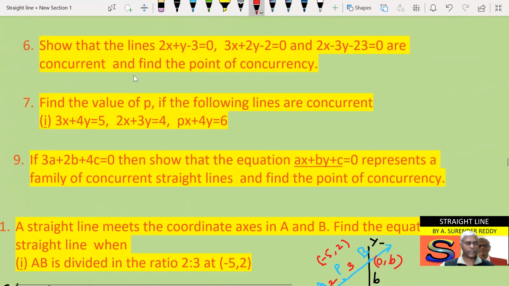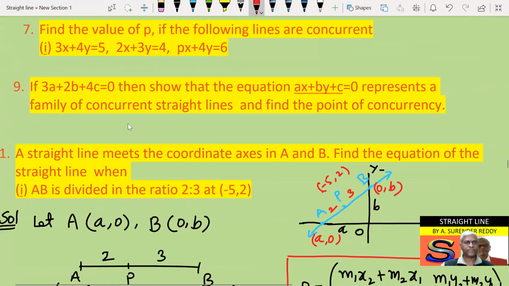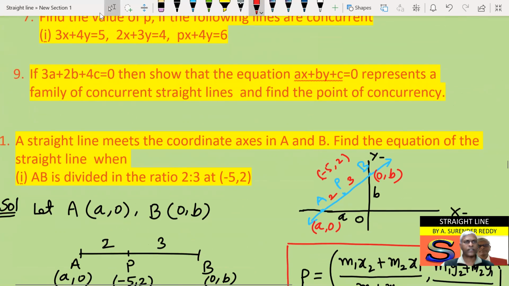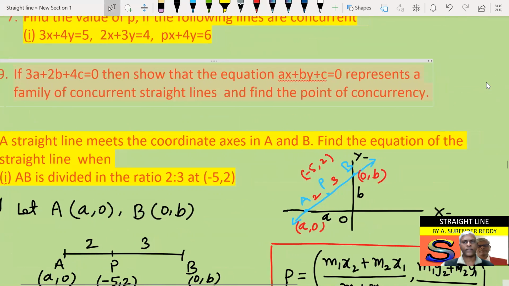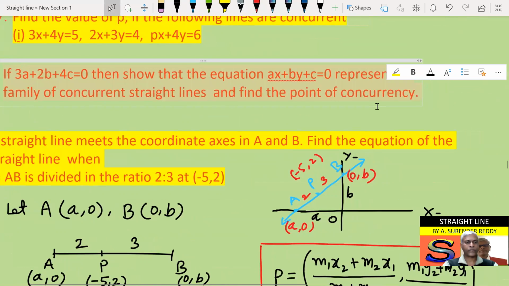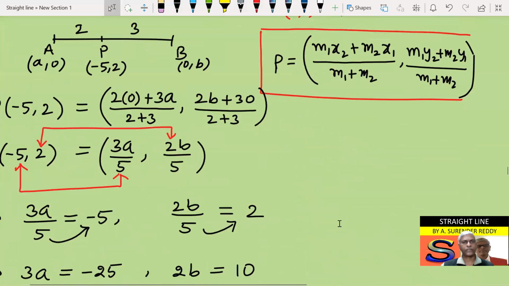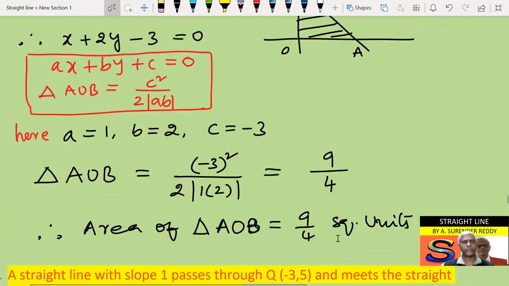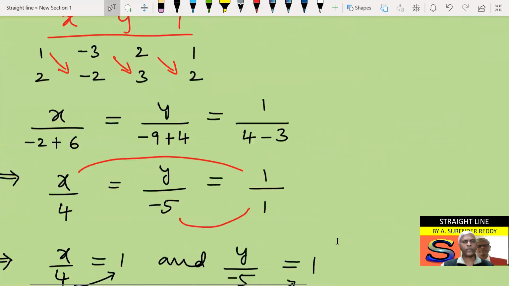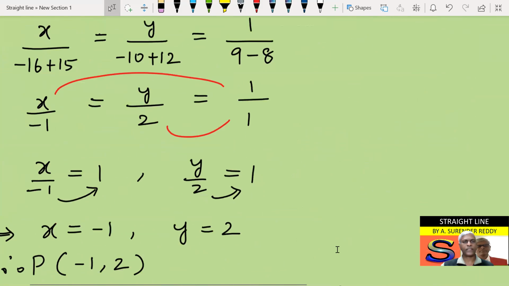So that is the concept of concurrency. Now let us take one more. One more problem from the next problem.